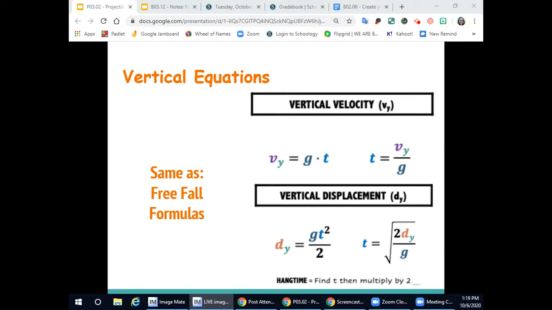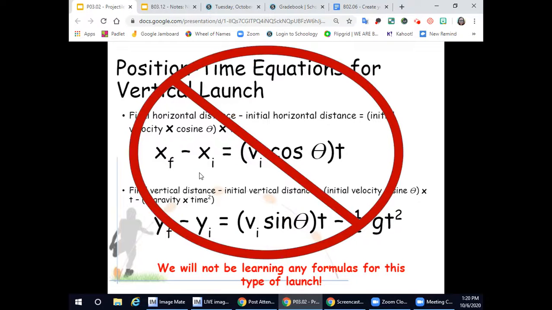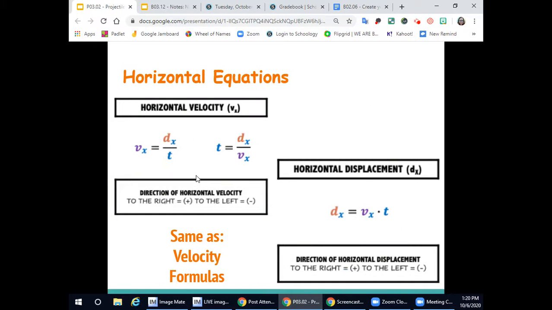So we need to solve for time first. The only other information we're given is our dx. So let's look at our horizontal formulas. Oops, those are not horizontal. Horizontal formulas, which one's going to help us solve for time? Yes, so time equals dx over Vx.